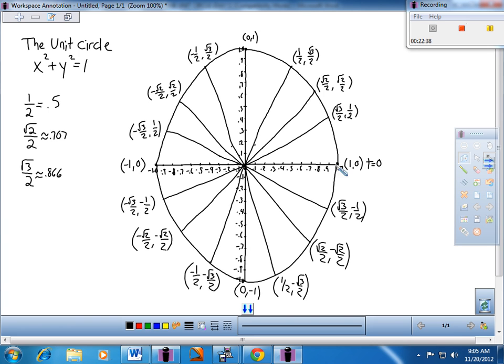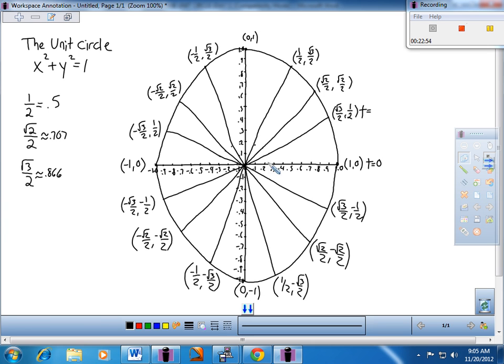Now, everyone, here's the key. This, to me, is even more important than the points. Can you get the t values that correspond at each of these spots? If I've gone from here to here, how far have I moved around the unit circle? Well, let's make our connection. T represents two things. It represents how far we've moved around our unit circle, and it represents the central angle in radians.